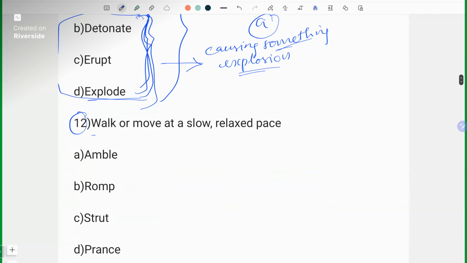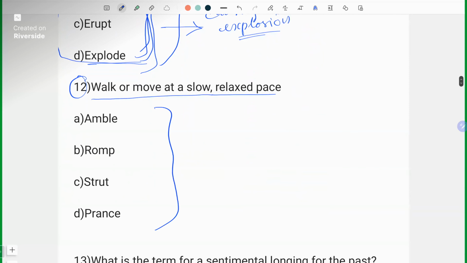Question 12. Walk or move at a slow or relaxed pace. I'll give you the answer here. It means amble. We ambled down to the shop, which means we walked relaxedly to the shop. That is amble. Romp means playing or doing something which is very noisy.